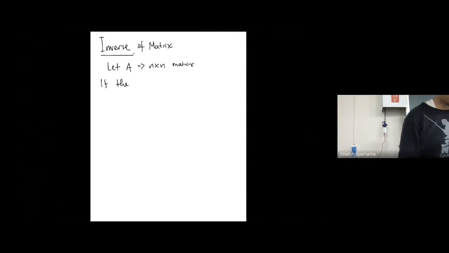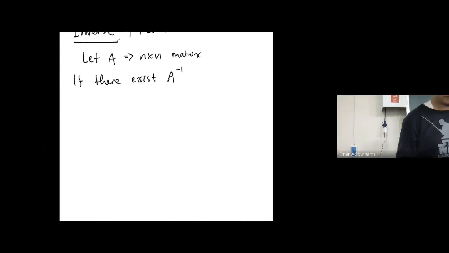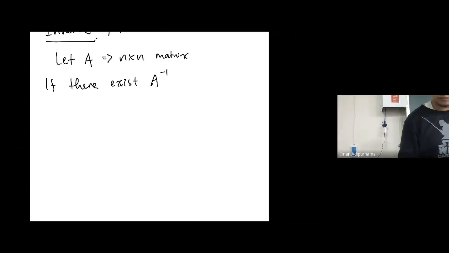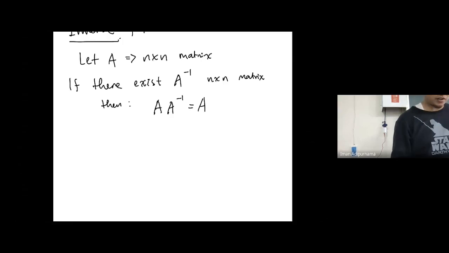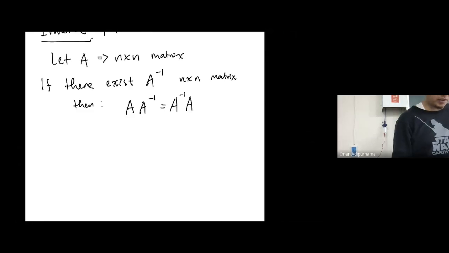If there exists an inverse, A inverse, of the n by n matrix, then you have the property that A times A inverse is the same as A inverse times A. It's the same as the identity matrix.